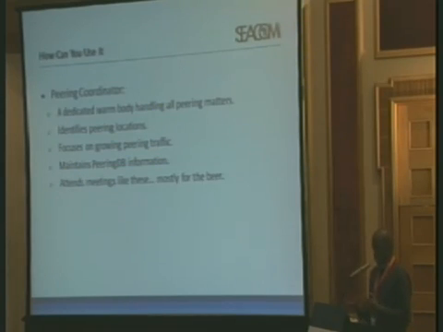And unfortunately, most operations don't have this dedicated person because, for various reasons, budget or lack of it, or maybe no long-term plan in having somebody that's dedicated doing this. So what will happen is you have your network engineers and your systems engineers doubling as peering coordinators, which works okay. But when you get serious about peering, as we attend more of these meetings, you will see that it takes a lot more effort and time to get peering done.